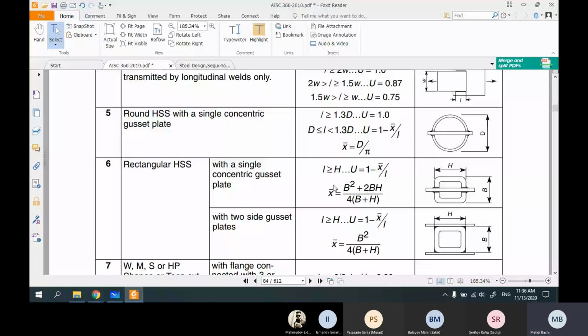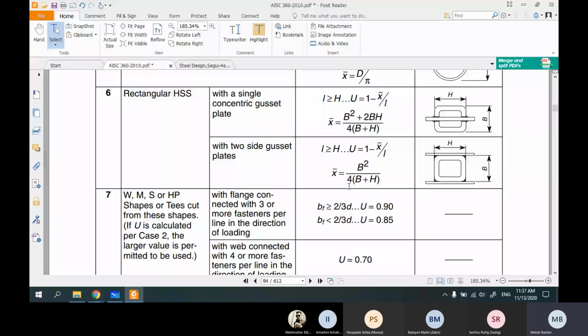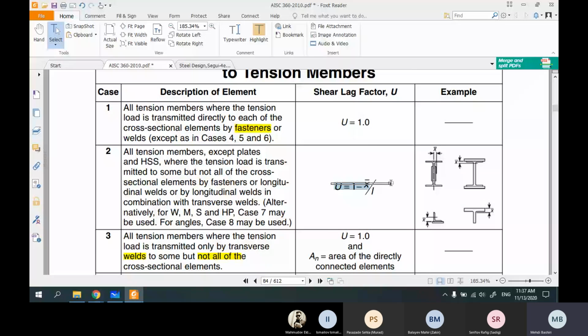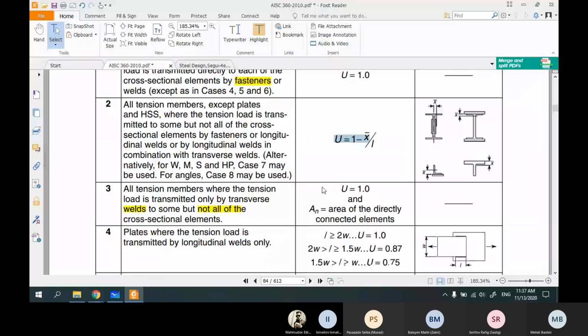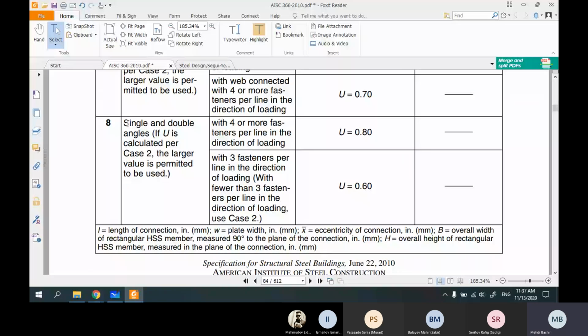For rectangular HSS, you can either use centric or edge plates. But if it's difficult for you to obtain U under any circumstances, you have other choices.